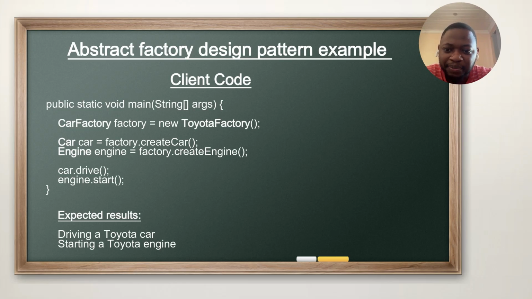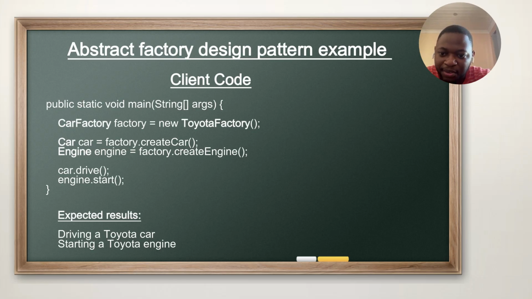Below that we invoke our create car method, and we will create our Toyota car object, and below that we have a create engine method invoked from the factory interface, and there we will just create our Toyota engine object.